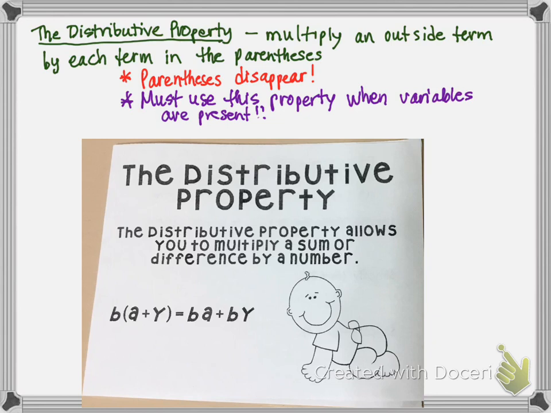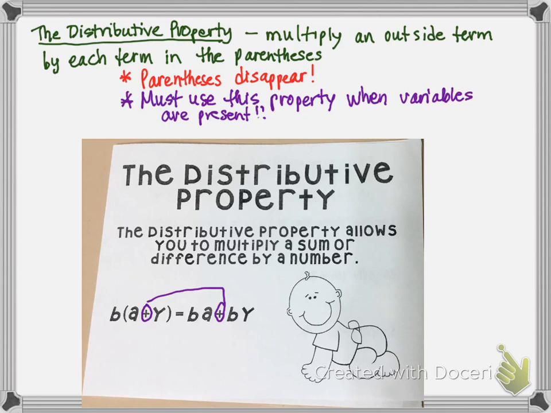Okay, so if you see here, there's a little itty bitty baby, and it says here the distributive property allows you to multiply a sum or difference by a number. Now, what are they talking about? Right here is a sum. Notice that that is going to stay the same, but it's also saying that the sign could be a subtraction sign or a difference, right? Now we have a b on the outside, and we have an a plus a y on the inside.